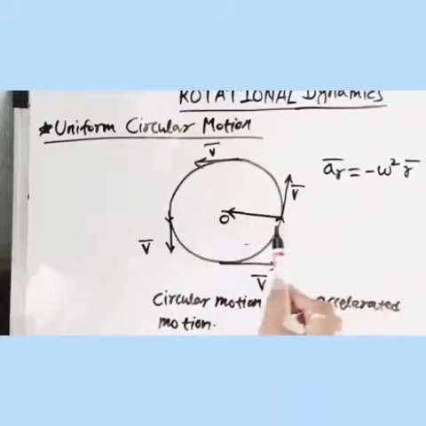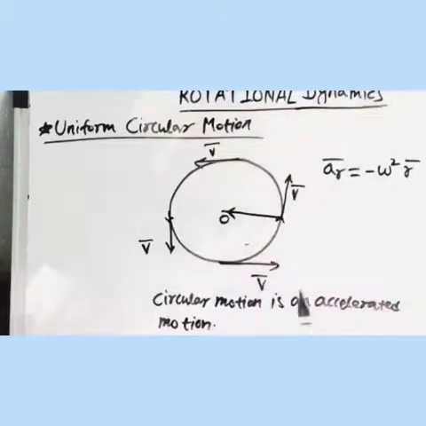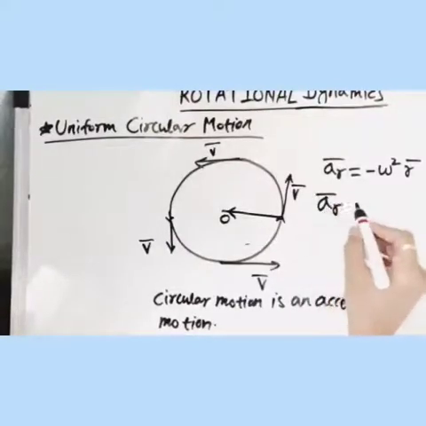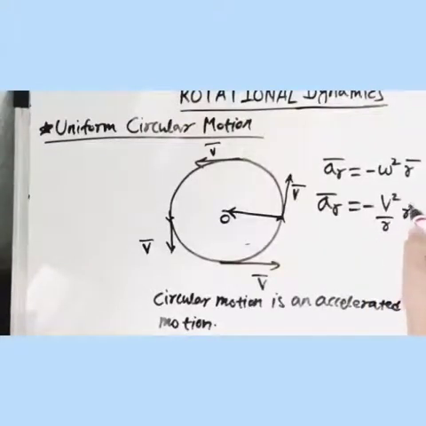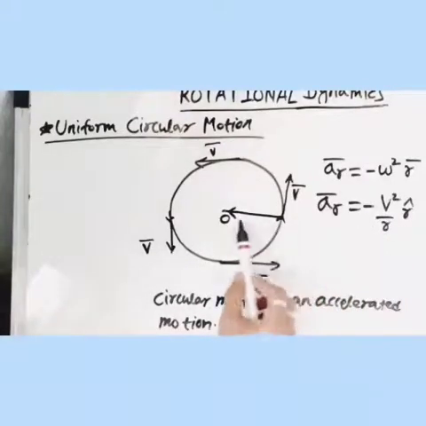So this acceleration is directed along the radius towards the center of the circle. That's why it is called radial acceleration. Radial acceleration can also be written as vector a R, that is radial acceleration is equal to minus v square upon r, this is the magnitude part, into r cap, where r cap is a unit vector which is directed along the radius towards the center of the circle.